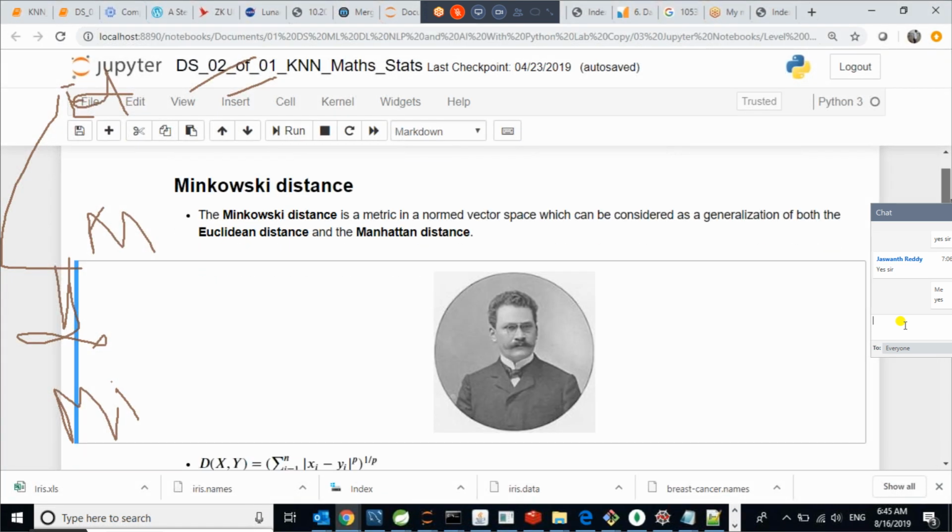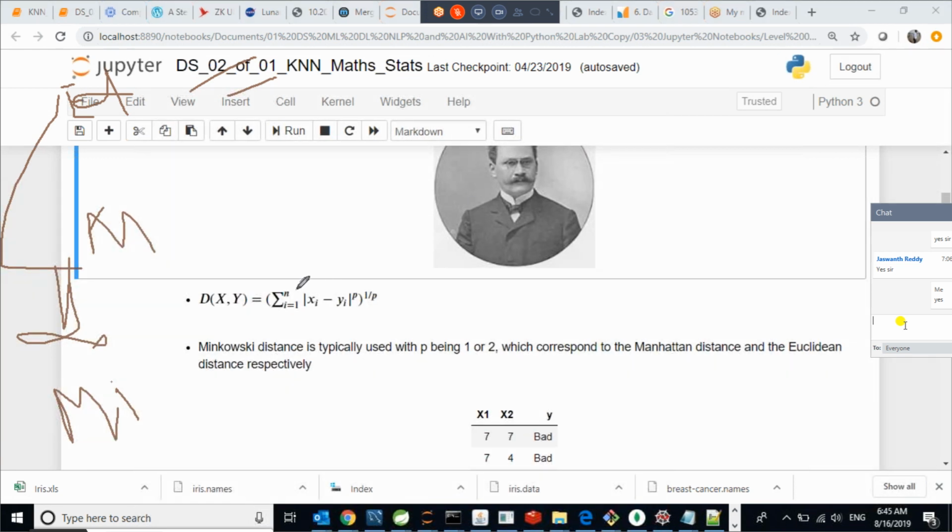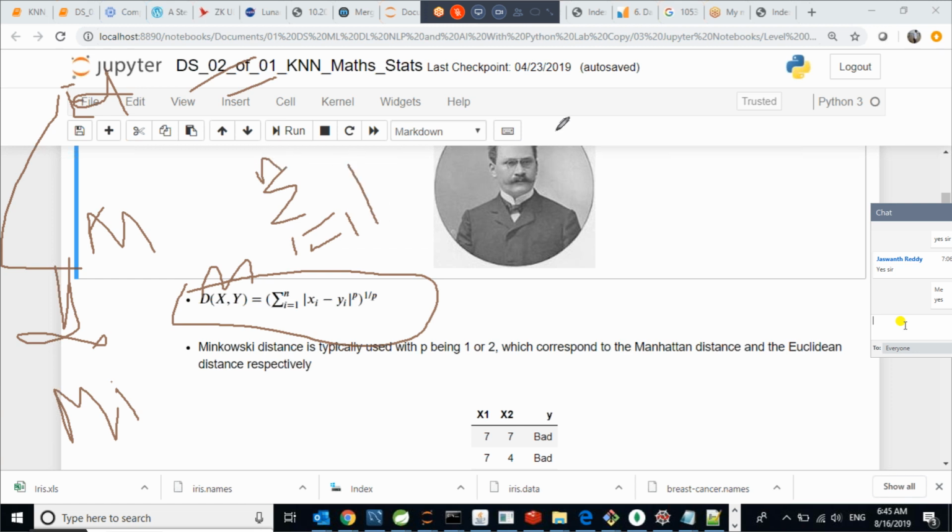The general formula of Minkowski distance, if you are finding the distance and taking inputs x and y, is: sigma of i equals 1 to n, of mod of xi minus yi, raised to the power p, then the whole raised to the power 1 by p.